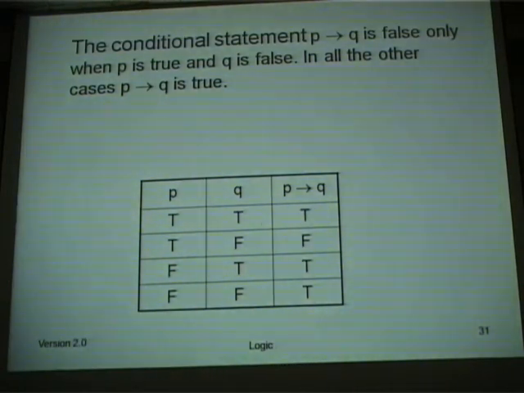For example, let me say this: if I win a lottery, I will buy you a car. Is it a conditional statement? Yes. What is the condition? I win a lottery. What is the conclusion? Buy a car. So buying a car depends on the condition.